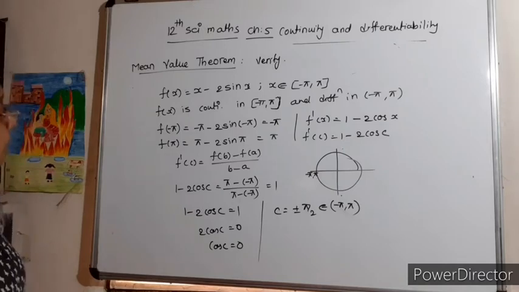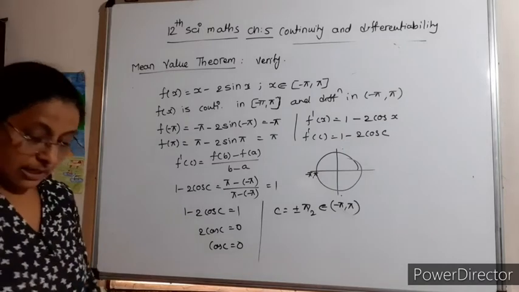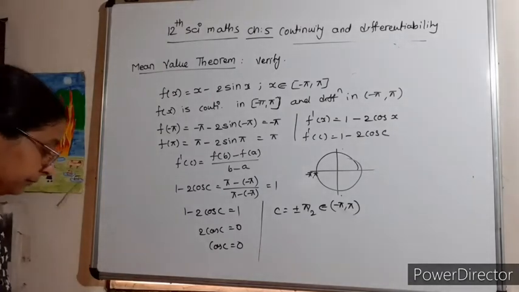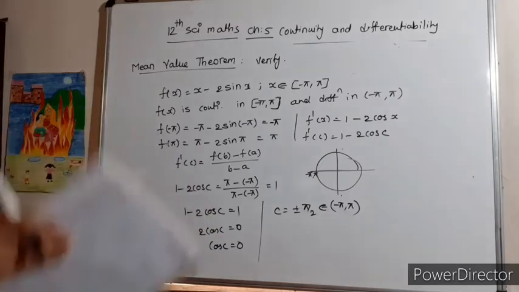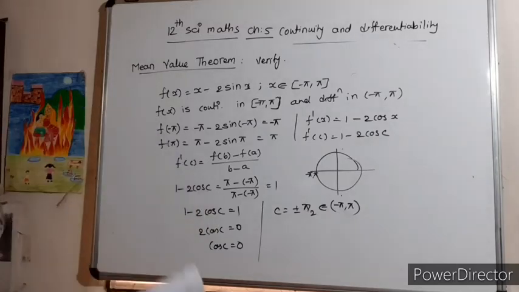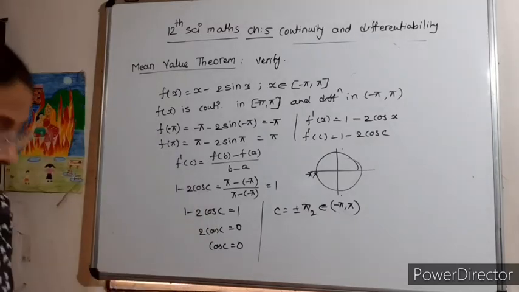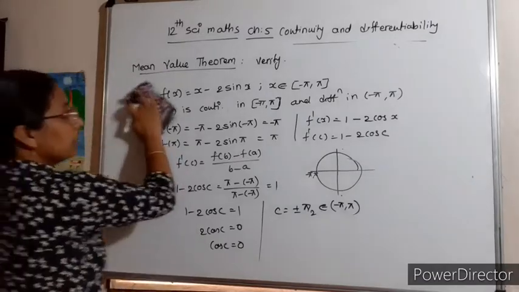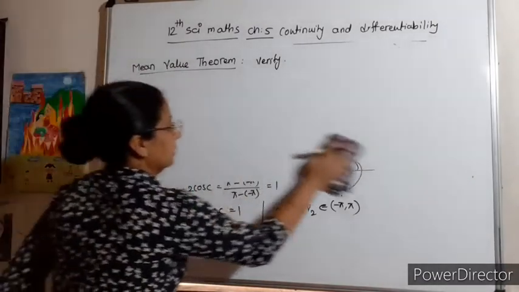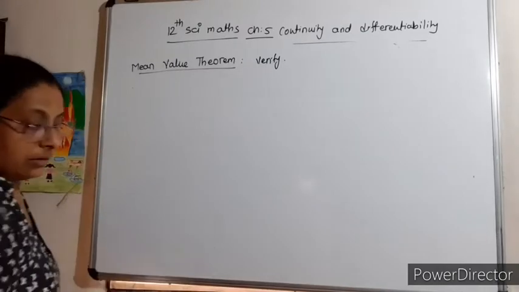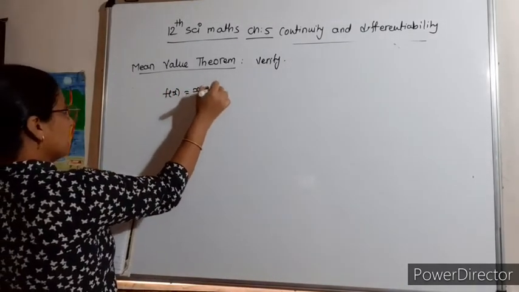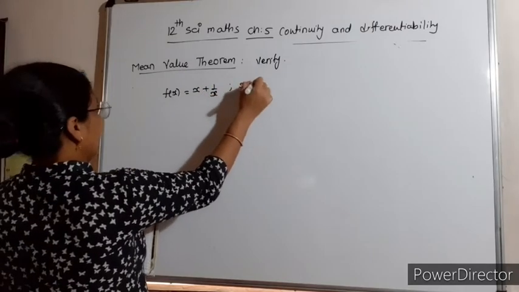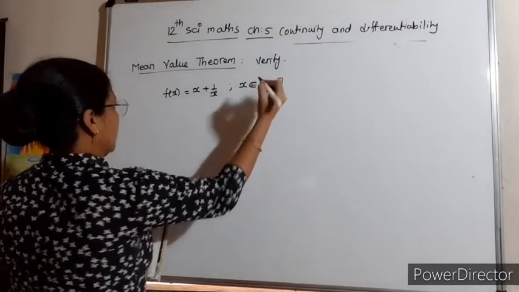Okay. Then another is f(x) is equal to x plus 1 upon x, x belongs to [1, 3].